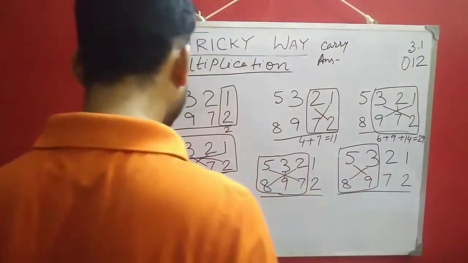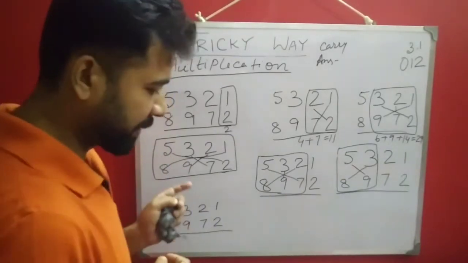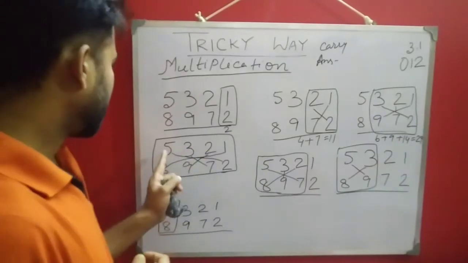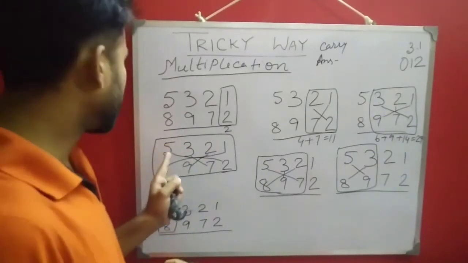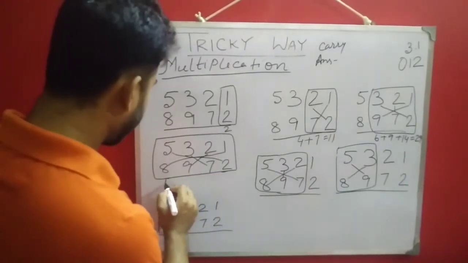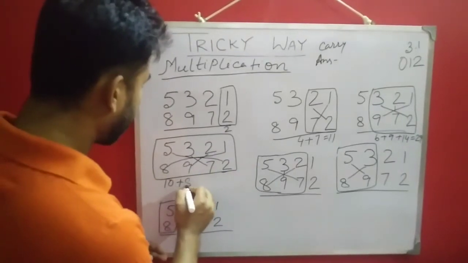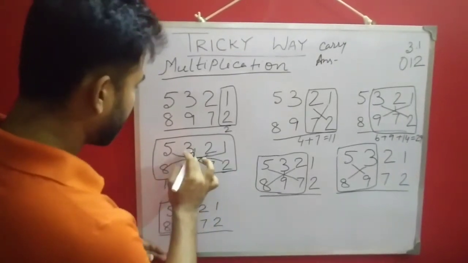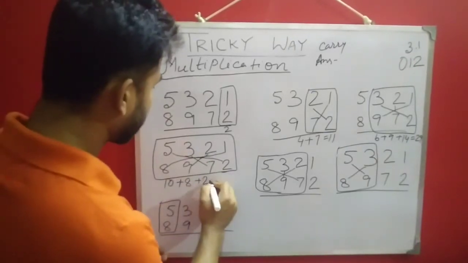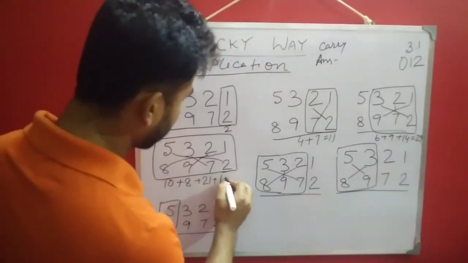It is complicated, because we have to multiply 5 into 2. 5 into 2 equal to 10, plus 8 into 1 equal to 8, plus cross multiplication: 3 into 7 equal to 21, plus 9 into 2 equal to 18.